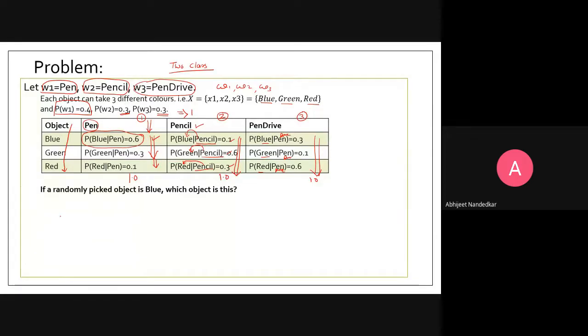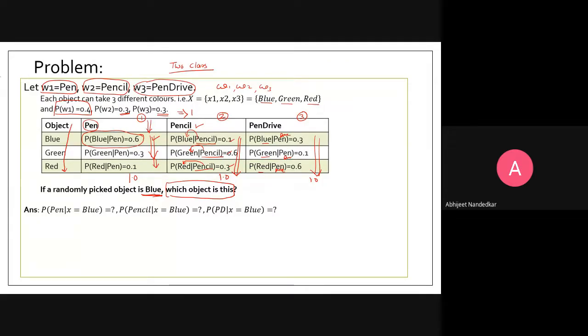Now you see, the question is, if a randomly picked object is blue, I have selected some object and it has been observed that it is of color blue, which object is this? This is my question. How to find out what this is? So what we do is we find out these three probabilities.